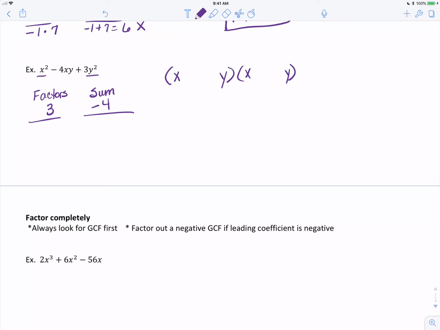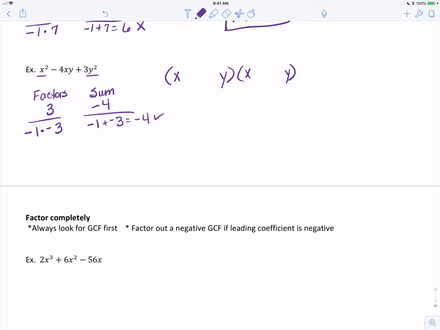Okay, well, how are we going to multiply and get a positive number, but add and get a negative number? Well, that's right. Negative times a negative gives us a positive. So negative 1 times negative 3 gives us a positive 3. And then if we add those together, we're going to get a negative 4. So those are our answers.